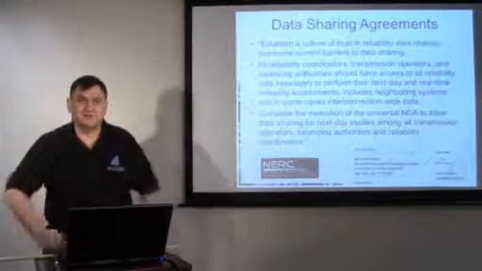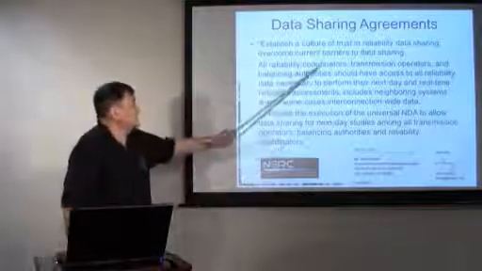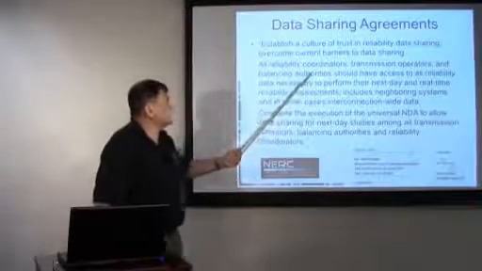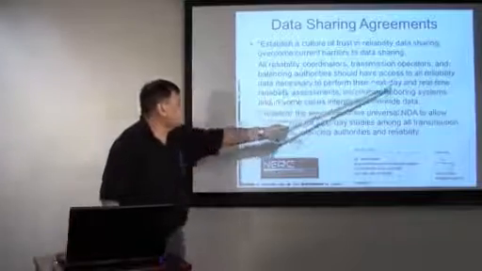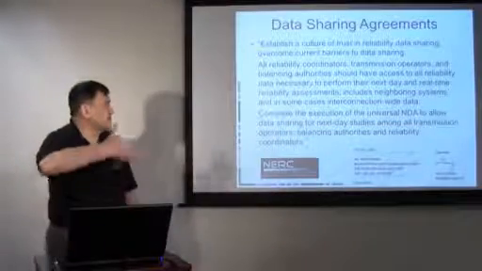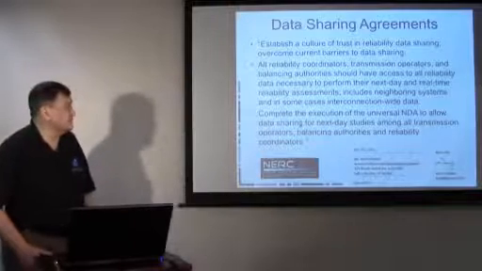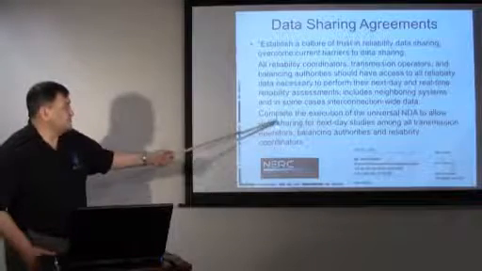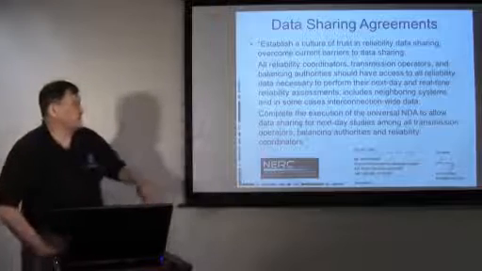You need both to be shared. So all of the RCs, the transmission operators, and the balancing authorities should have access to the reliability data to perform the next-day and real-time assessments, including the neighboring systems, and in some cases they need the entire interconnection-wide data. And there should be universal non-disclosures to allow that to happen.